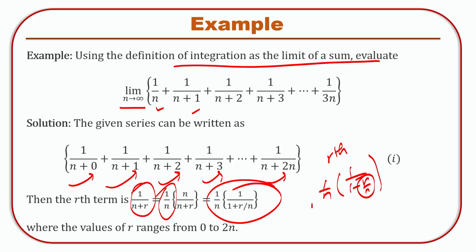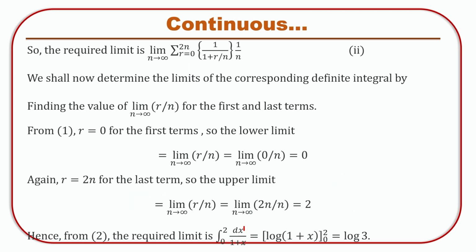So r by n is equal to x, 1 by n is equal to dx, and the range is from 0 to 2n. So this comes out as the limit n tends to infinity, r equal to 0 to 2n, of 1 by (1 plus r by n) times 1 by n. Using this, you will find the integral from 0 to 2 of dx by (1 plus x), and the value will be log 3.